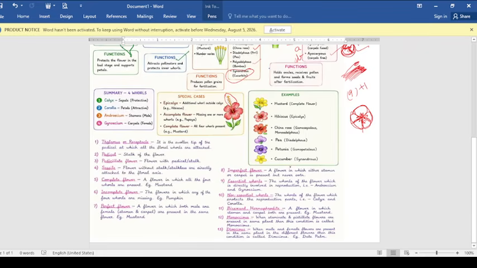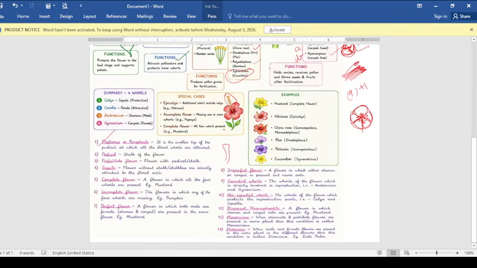First, what is thalamus? Thalamus is the structure, or you can say the tip of the pedicel, with which the flower is attached. If this is the pedicel stalk, this structure is called thalamus, which is the swollen portion of the pedicel.